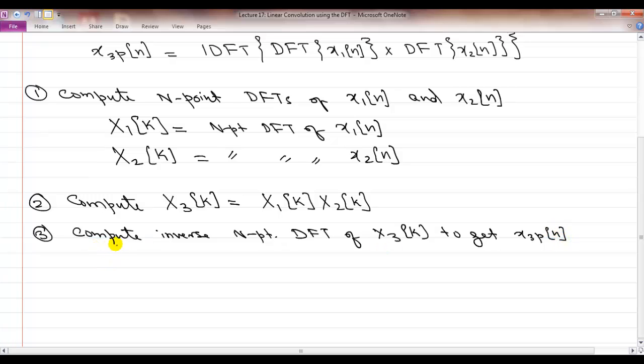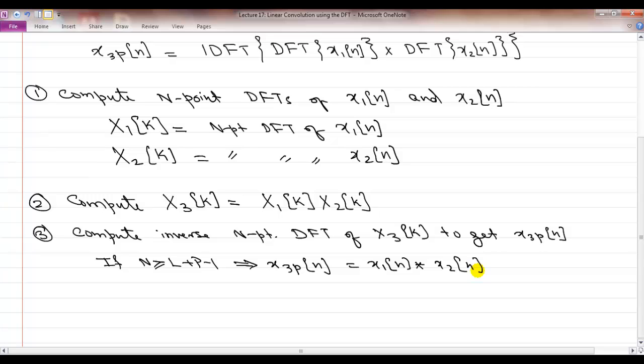And if the DFTs that we compute are such that N is greater than or equal to L plus P minus 1, then this implies that x3p[n] equals the linear convolution of x1[n] and x2[n]. So that is a simple way of computing linear convolution using DFTs.